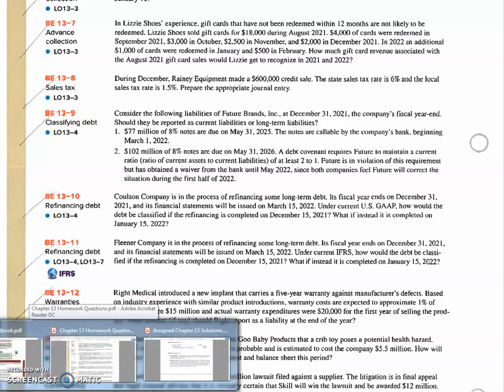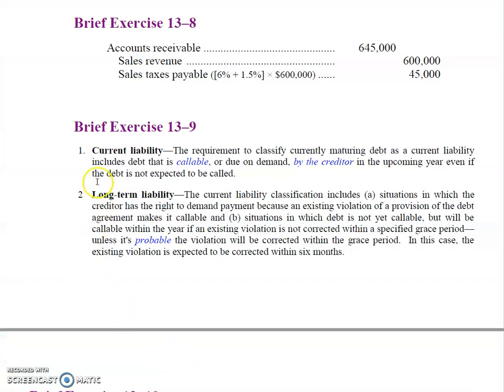So let me pull up the solutions. So number one, it's got to be reclassified as a current liability. Number two, it stays long term. And there you see the explanations. That word probable we've run across before. It's an important word. It means it's likely to happen, or it probably will happen.